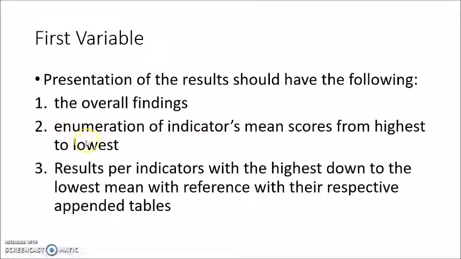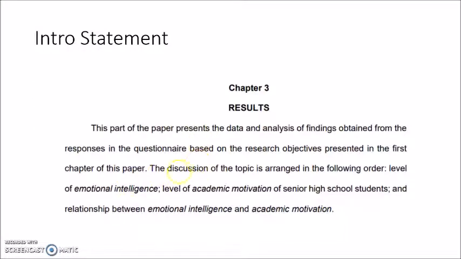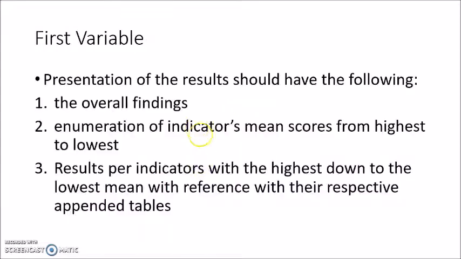And then, followed by the enumeration of indicators, mean scores, from highest to lowest. Kaya nga, yung entry sa Table 1 at saka Table 2, in-arrange yan from highest to lowest based on means. Highest mean, dapat nauna, followed by yung may second highest mean and down to the lowest mean. Okay?